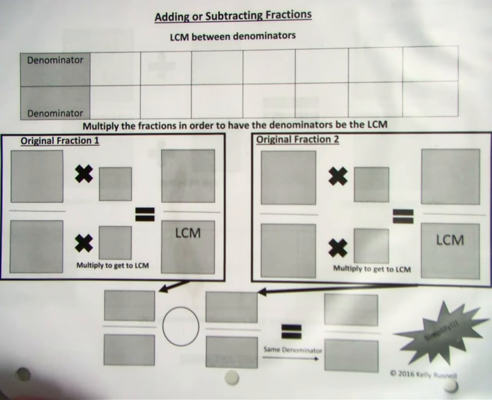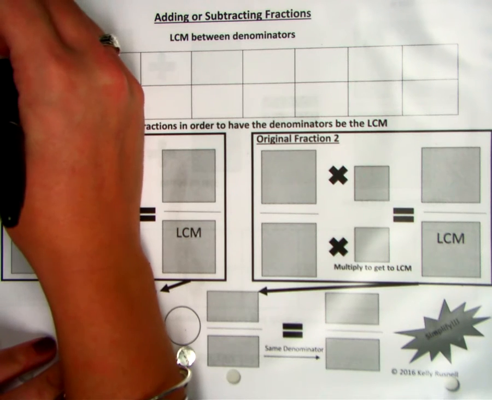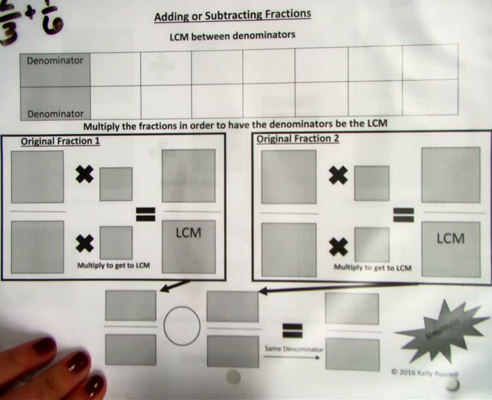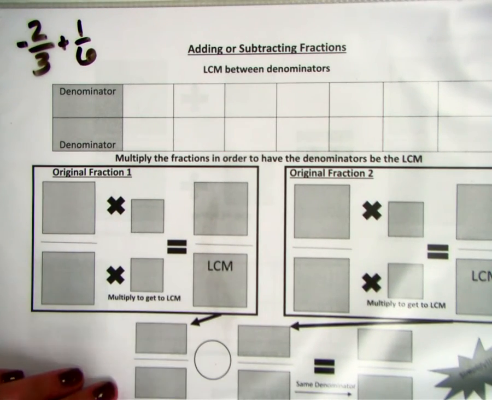You should have this template, and first things first, I would like you to write your problem up here in the corner as negative 2/3 plus 1/6. That way we know exactly what we're working with, what our original problem is, and how we start from there.